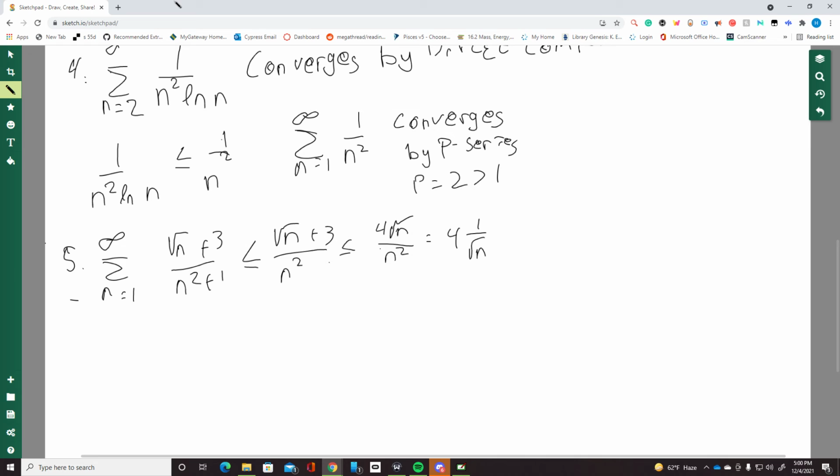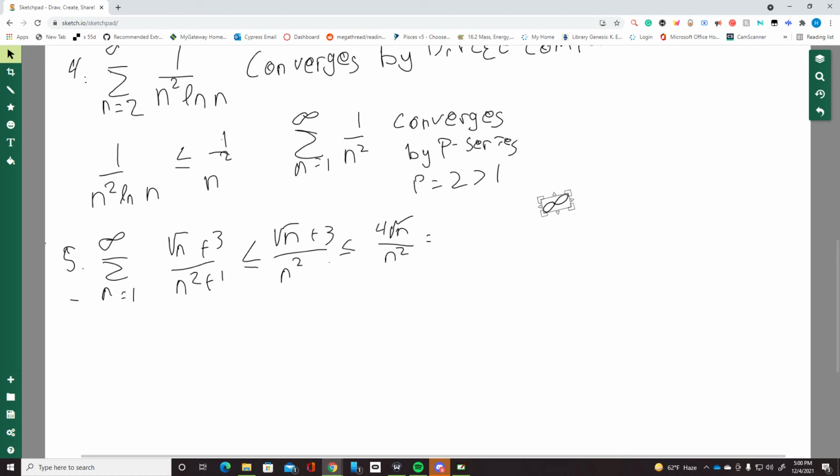Now we can find out from this sum from n equals 1 to infinity of 1 over root n. Well, I mean, this is not the root n. Oh man. Okay, so this is wrong.